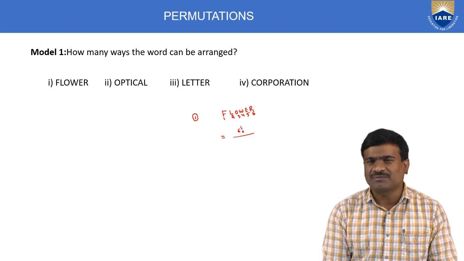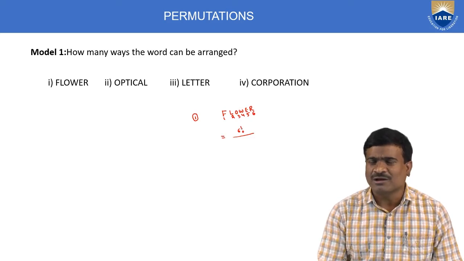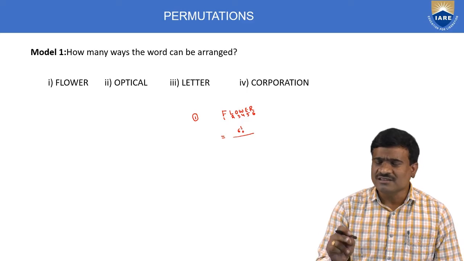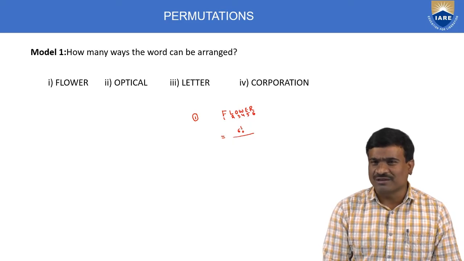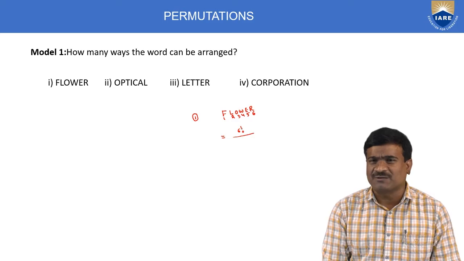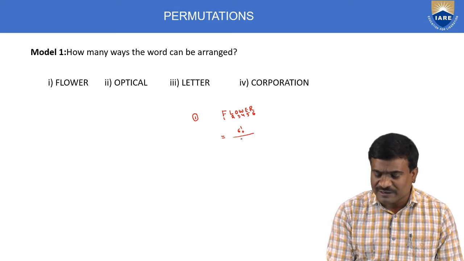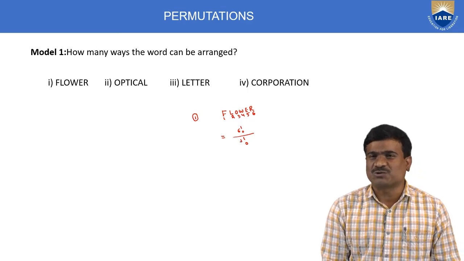Next, the denominator. If the problem belongs to permutation, for the denominator you always write the repetition of letters in FLOWER. Here, permutation means repetitions are allowed. But in FLOWER there is no repeated letter, so the denominator is 1 factorial.